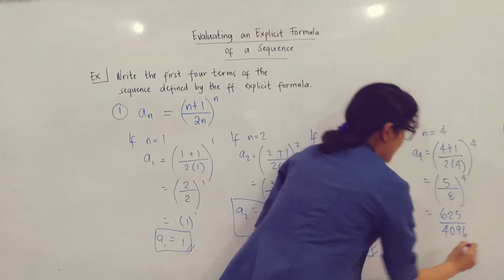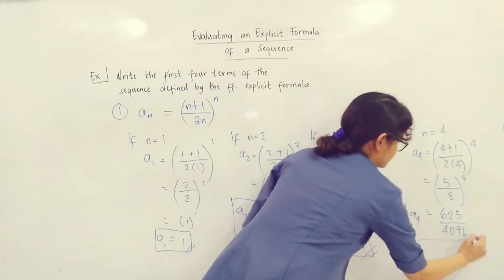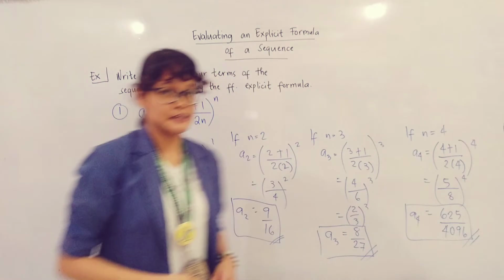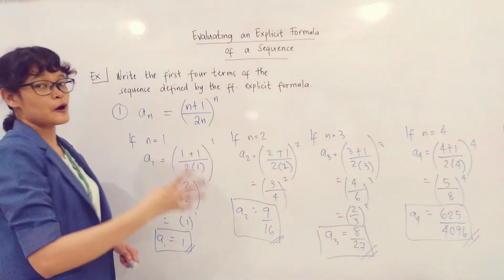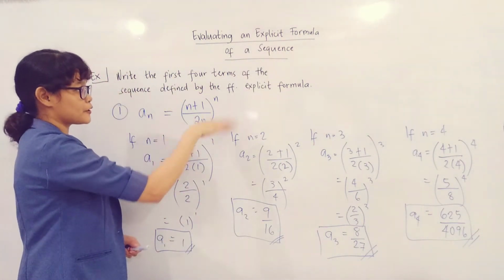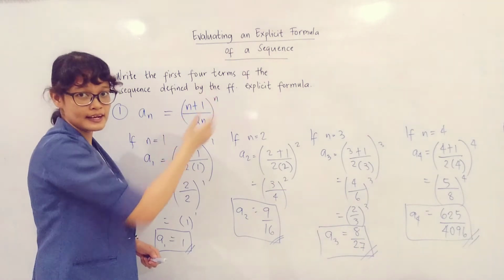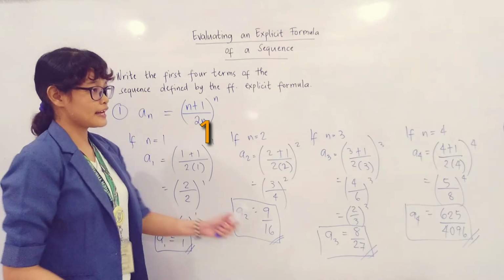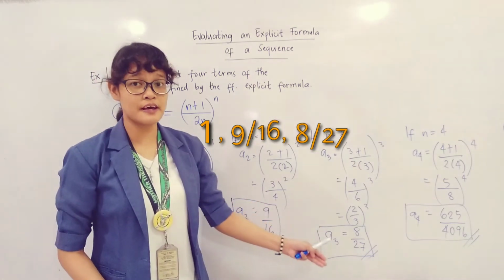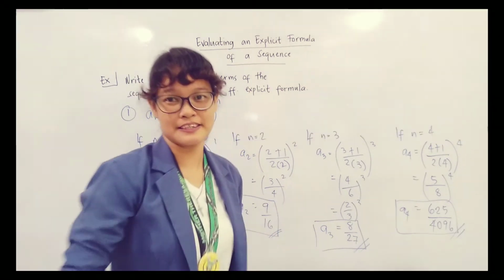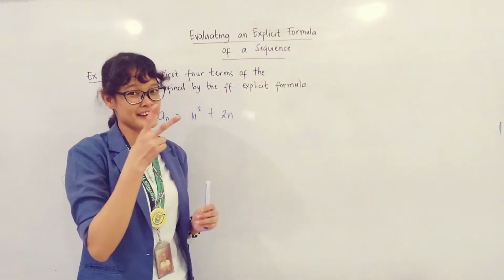So therefore, our a sub 4 is 625 all over 4096. Therefore, the first 4 terms of the sequence defined by this explicit formula a sub n equals to n plus 1 all over 2n raised to n are 1, 9 over 16, 8 over 27, and 625 over 4096. Okay, so now let's have our second example.